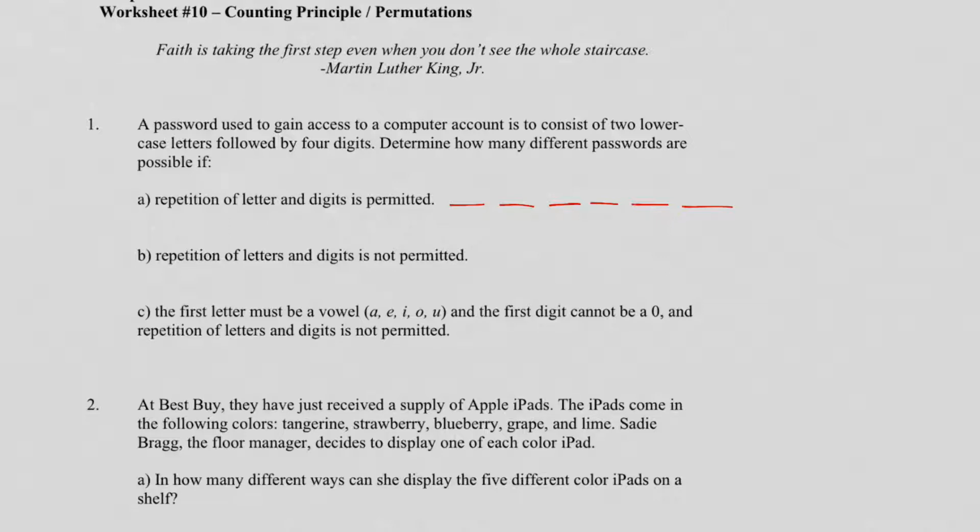So the first 2 have to be letters. So you have the A through Z to choose from, and A through Z again, because repetition is permitted. So how many letters do we have in the first option? 26.